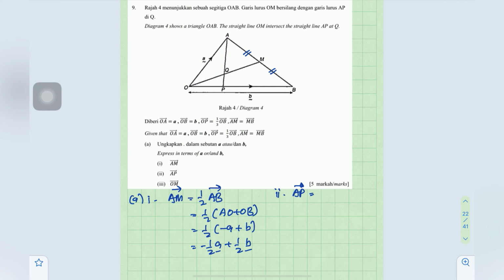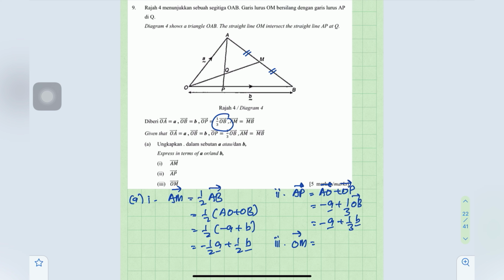Okay, from the diagram, AP equals to AO plus OP. Okay, so AO is negative A. Okay, OP given 1 over 3 OB. Okay, so OB is B, vector B. So dapatlah vector AP.